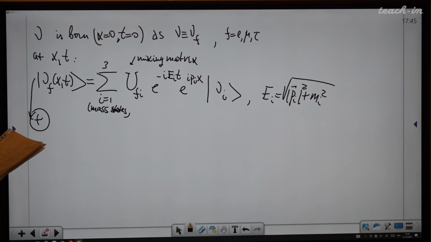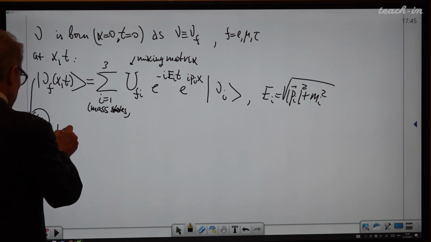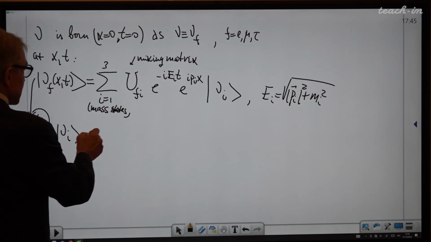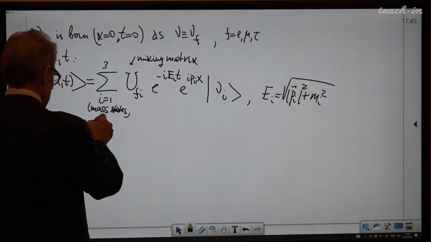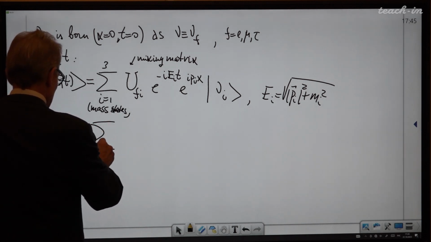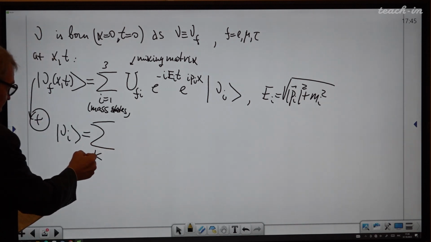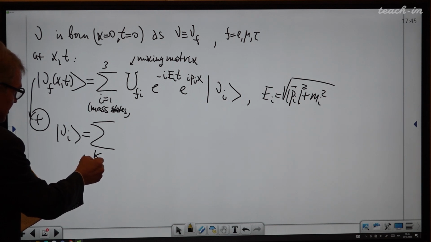So each mass state can be expressed as a superposition of flavor states. K and I indicate the flavor states.